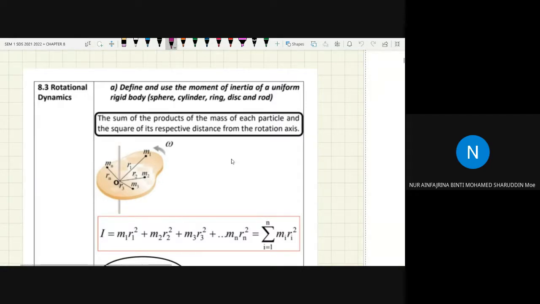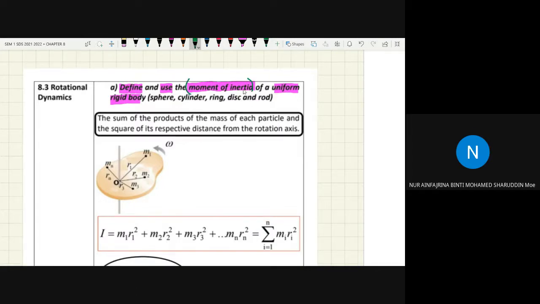Okay, now let's continue. The first learning outcome for part 8.3, rotational dynamics, is define. You need to know how to define and use moment of inertia of a uniform rigid body. Now we are talking about moment of inertia.